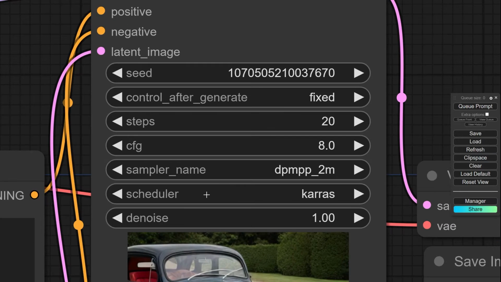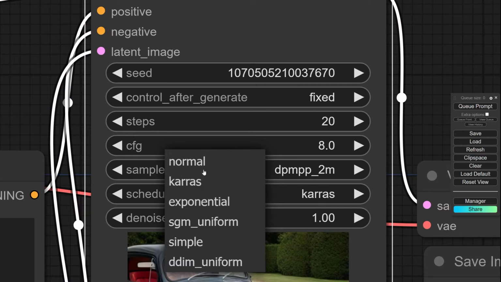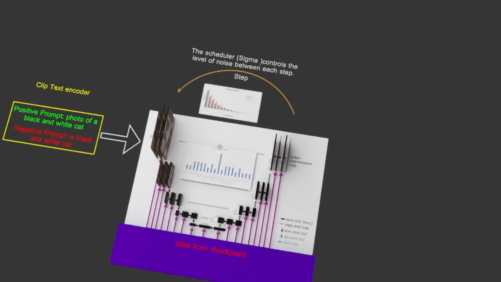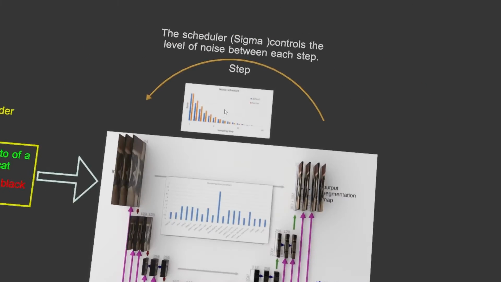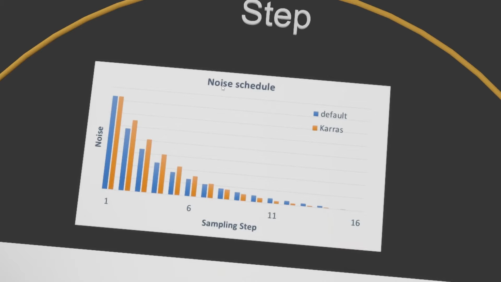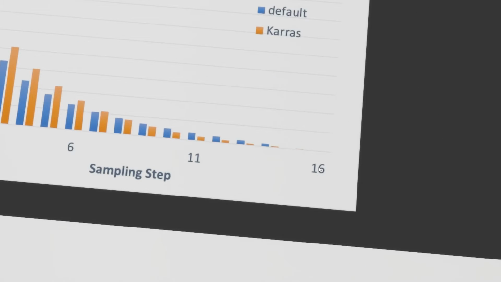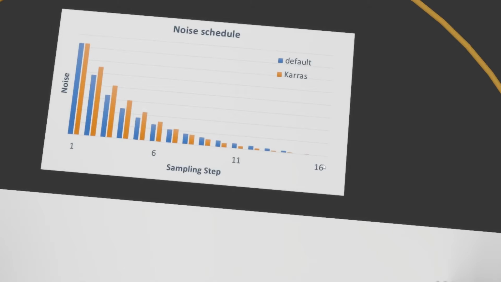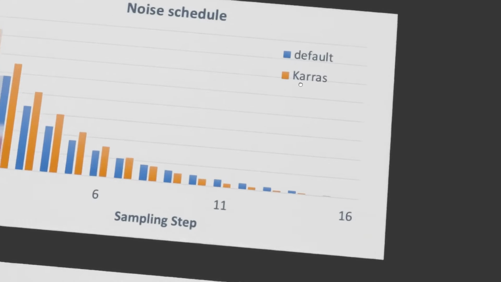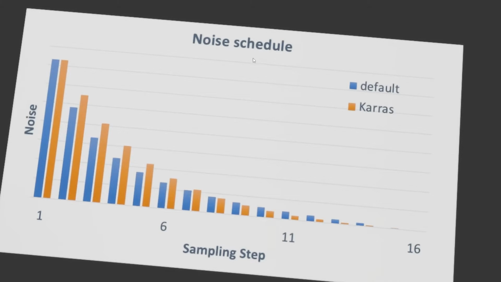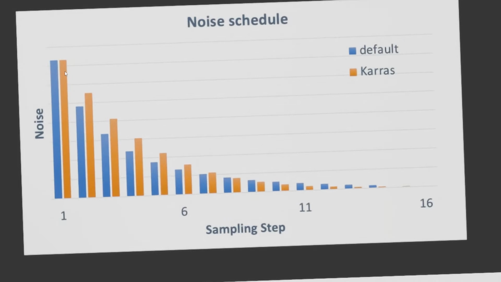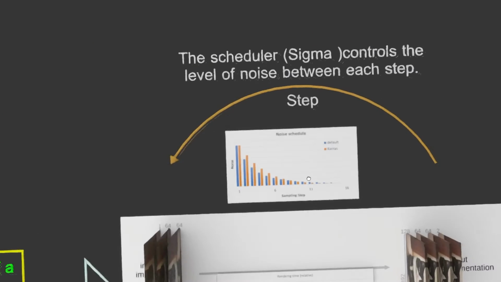Inside the sampler we have a scheduler that we can select from different schedulers, and if I go inside the Unet I can show you that the scheduler can control the noise amount between different steps. For example, you want to do the processing in 16 steps, and when you select the Karras scheduler for your noise, it divides and separates the noise amount across the different steps with different values.